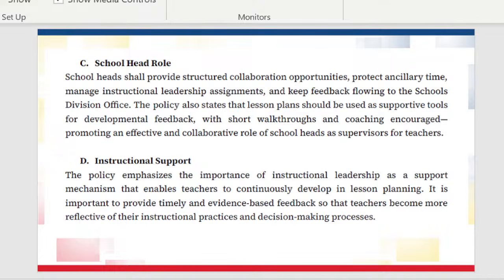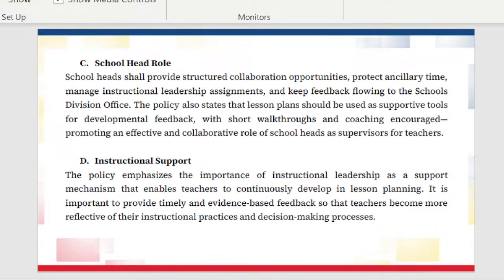So, school heads should provide structured collaboration opportunities for our teachers, protect their ancillary time, manage instructional leadership announcements and assignments, and keep feedback flowing to the school supervision office.